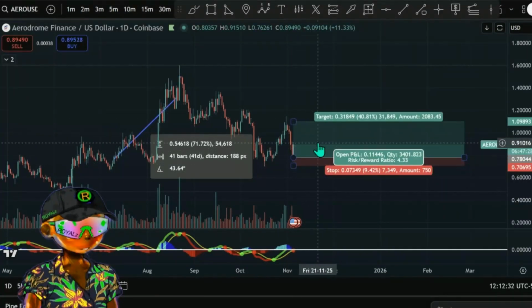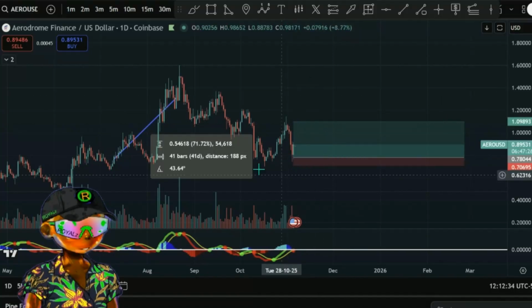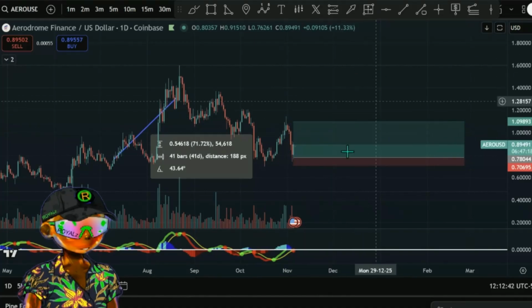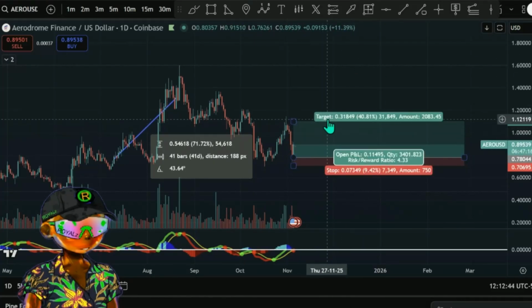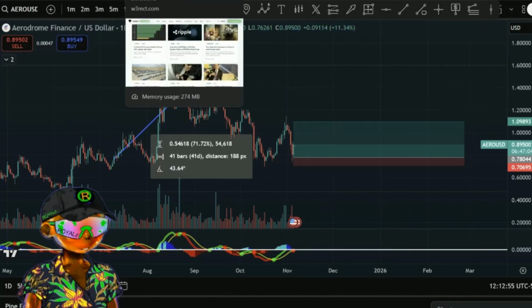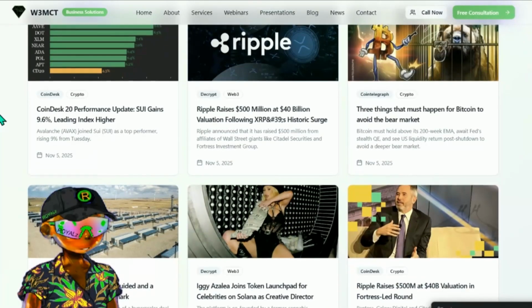You can see we have a little bit of movement, but with Bitcoin still kind of weak in sentiment, I can see this pulling back, and I don't know if it's going to break out to new highs, so we keep our trades really tight. You can see here we have a type risk, stop loss, and our target. This is just recommendations. It's not financial advice. But if you are interested, you can join our club and get into some trades.